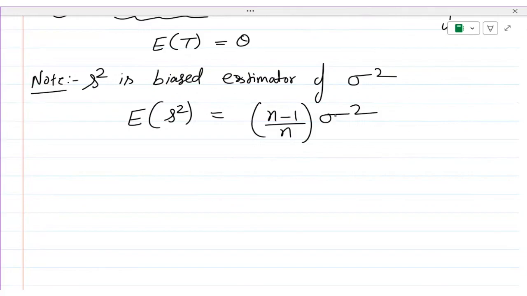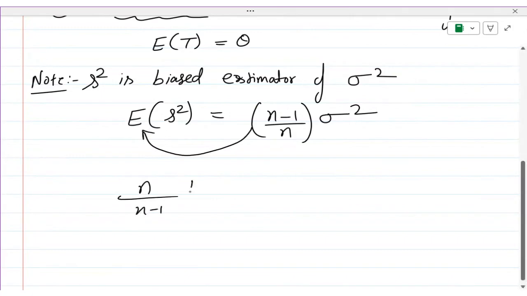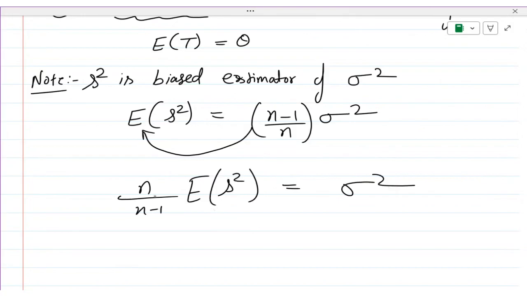To find the solution, what we have done is send this extra factor to the other side, so it becomes n upon n minus 1 into the expectation of s square is equal to sigma square. Now n upon n minus 1 is a constant, so we can take it inside the expectation.